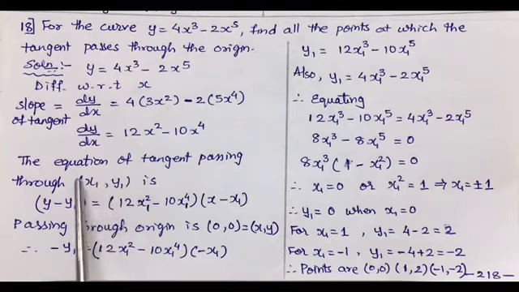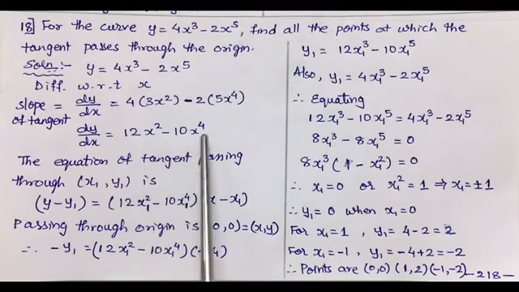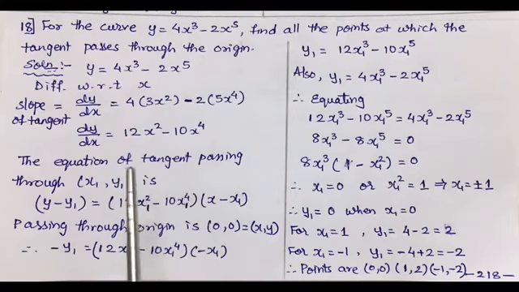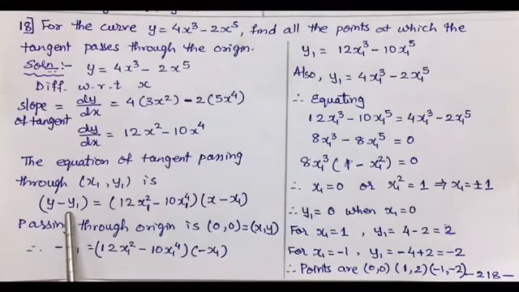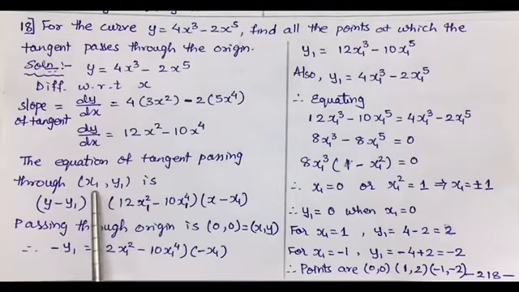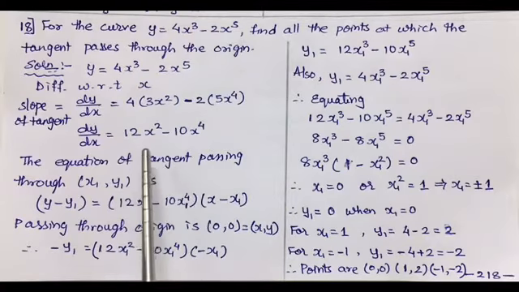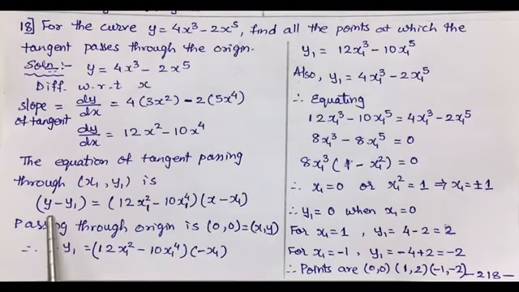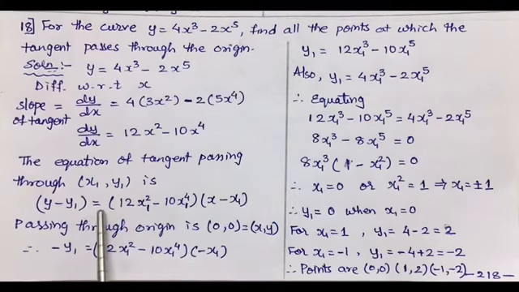Now here the points are not given. The slope is 12x square minus 10x raised to 4. Suppose we assume that the point is x1, y1. So making up the equation of tangent passing through the point x1, y1 and having the slope 12x square minus 10x raised to 4, we get y minus y1 is equal to.